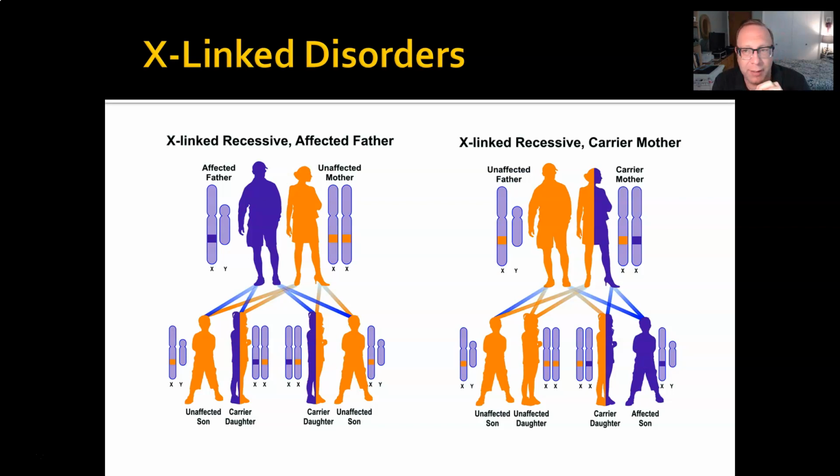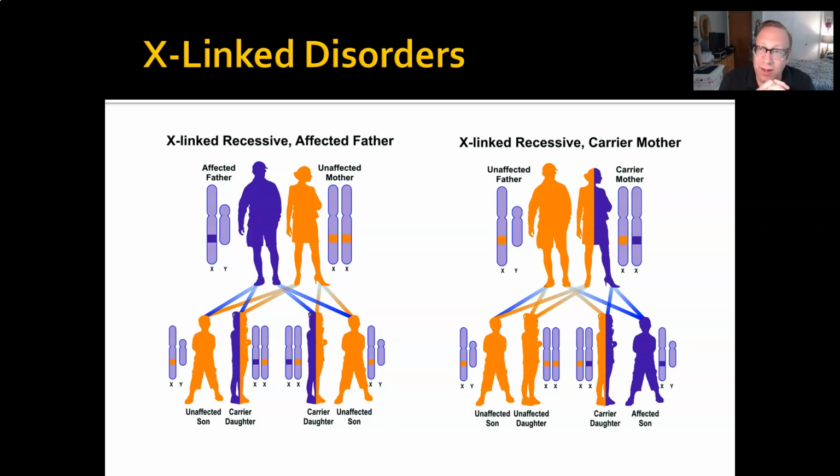He has one copy of this gene on the X chromosome, but he does not have a second copy to make up for it on the Y chromosome. Remember, it's recessive. So he's going to pass it on, but his children are not going to be sufferers. At most, they can be carriers for the disease, as you can see here.